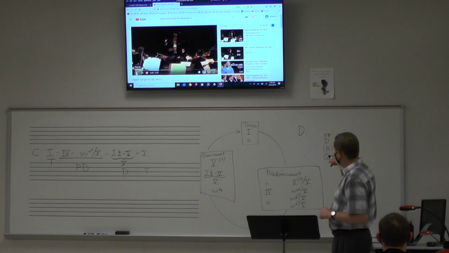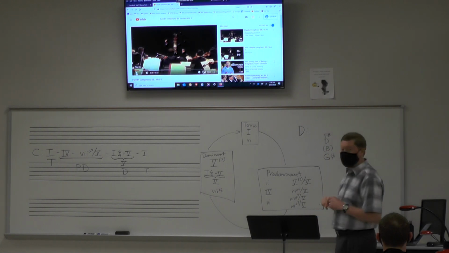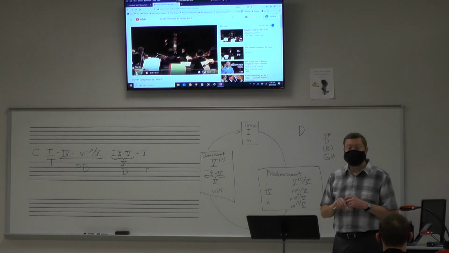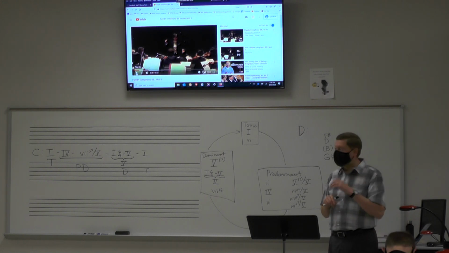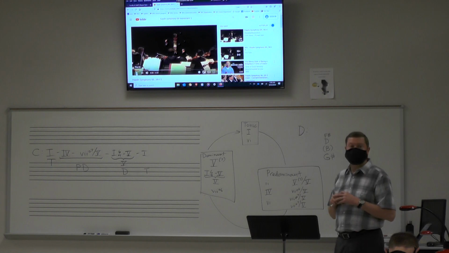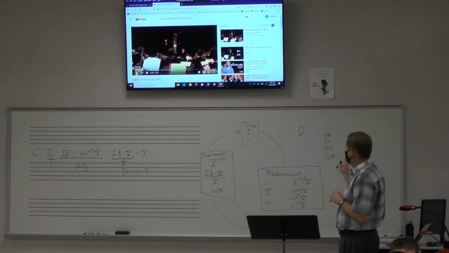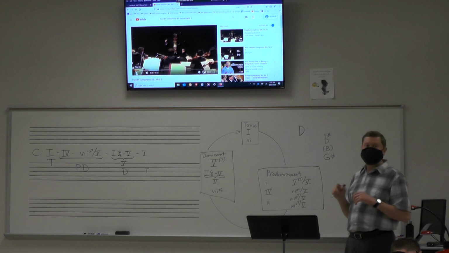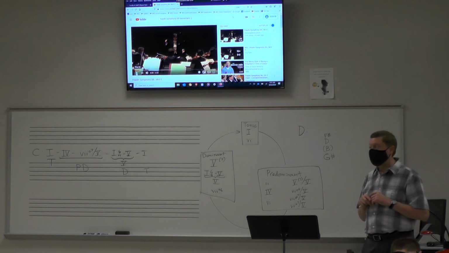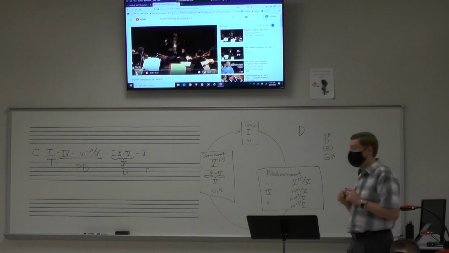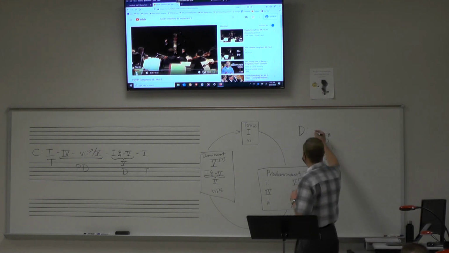Is that chord diminished of some kind, or is it dominant? I would say that chord is diminished of some kind, so it looks like it's going to be a secondary leading tone chord. Can anyone tell me if that chord is fully diminished or half diminished? It's half diminished. That's right, half diminished. And it's in root position.